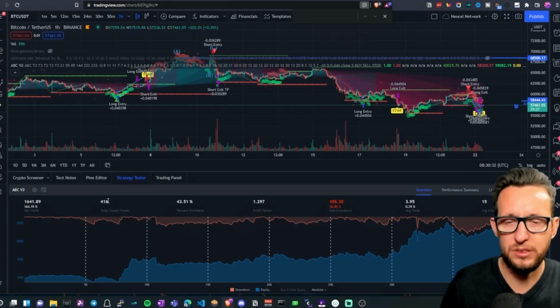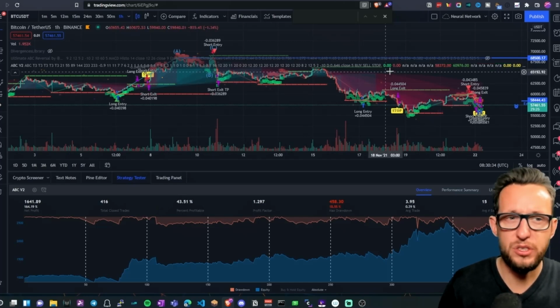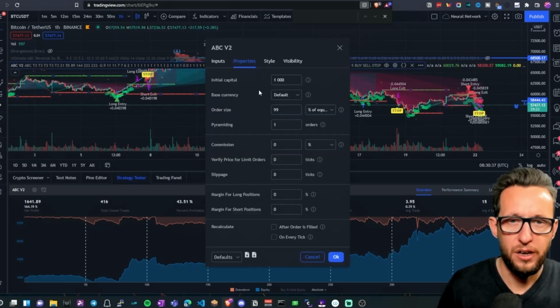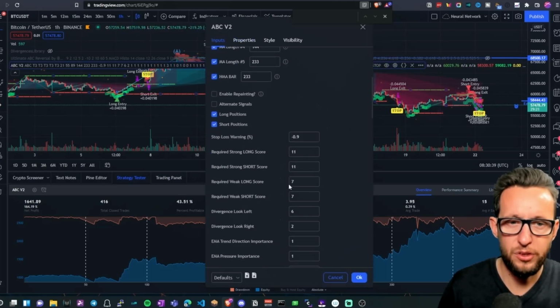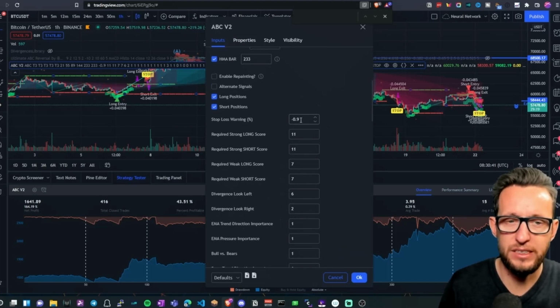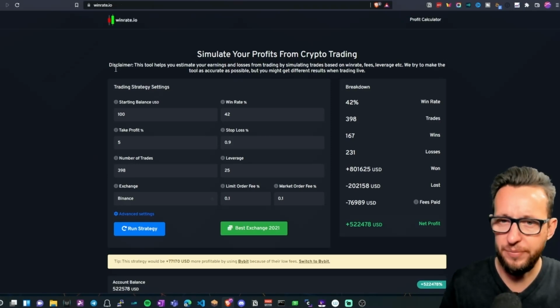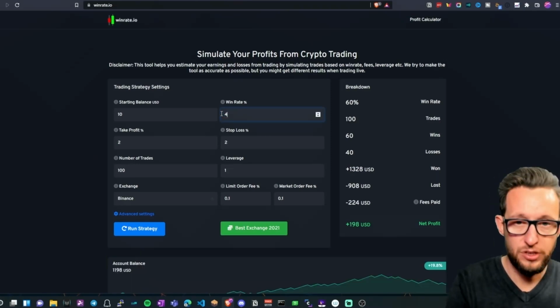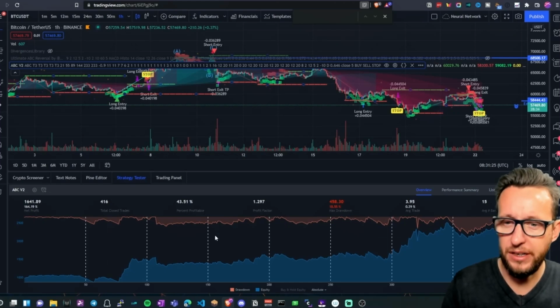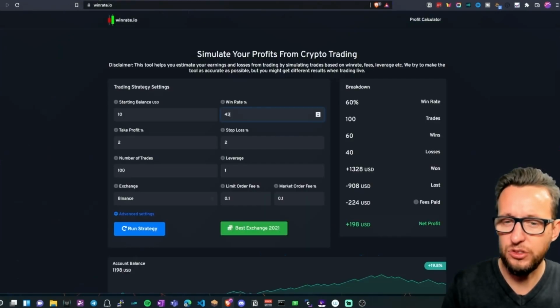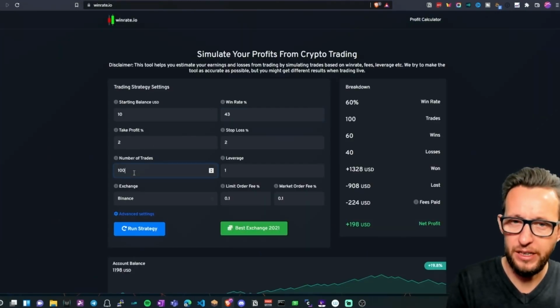Now, the reason that I wanted to show you this is just the small amount of stop loss that we're using. We're using a 0.9%. So if I go over to winrate.io over here, and to be able to simulate a trading strategy for a certain period. Now we've got 416 trades and 43 win rate.